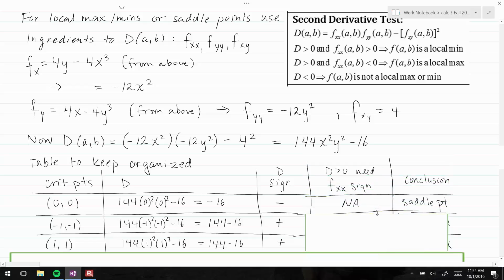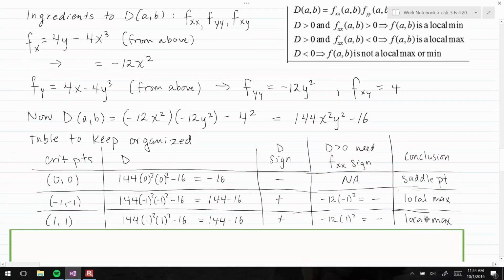You do have the work for the second partial with respect to x up high here somewhere, wherever that was. Oh, right here, because I didn't have it labeled. And so just plug in there with your critical value. It turns out only the x coordinate comes into play here. And then get its sign.